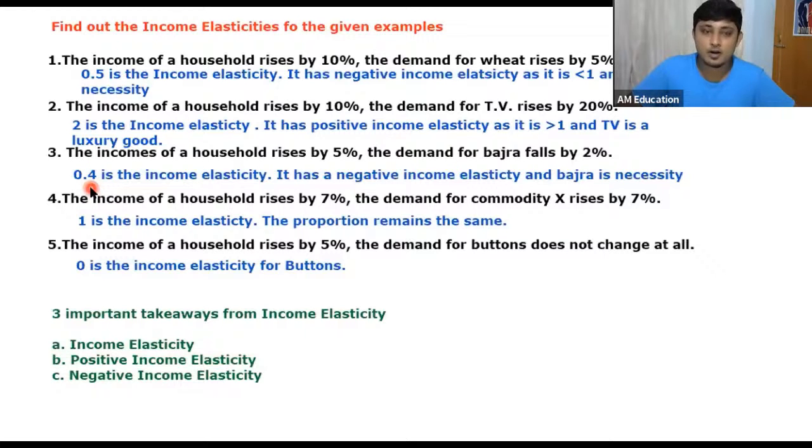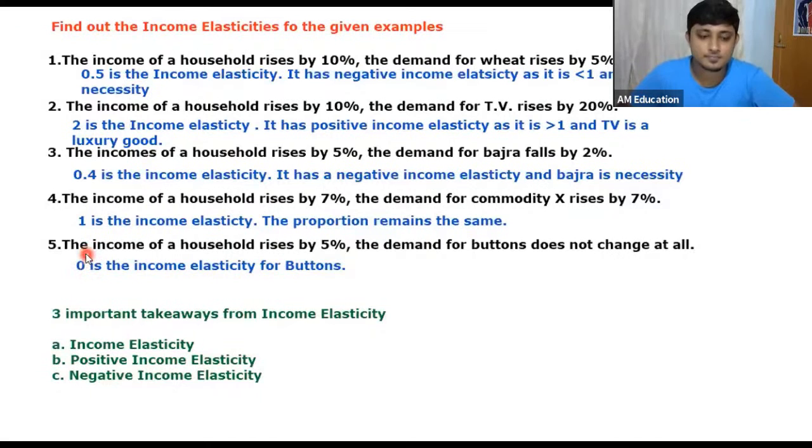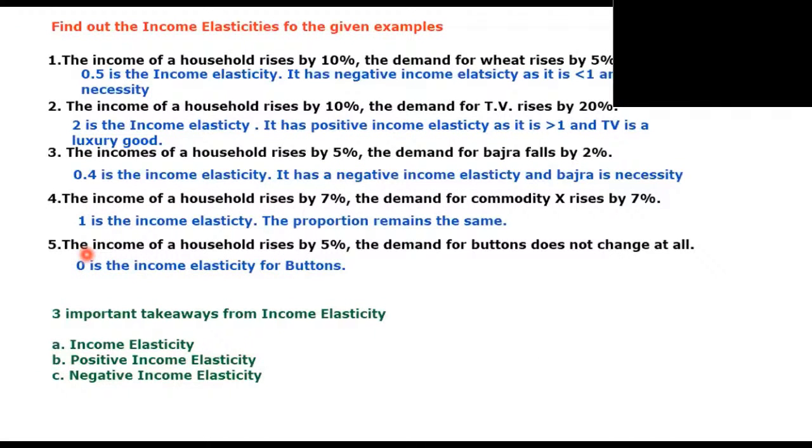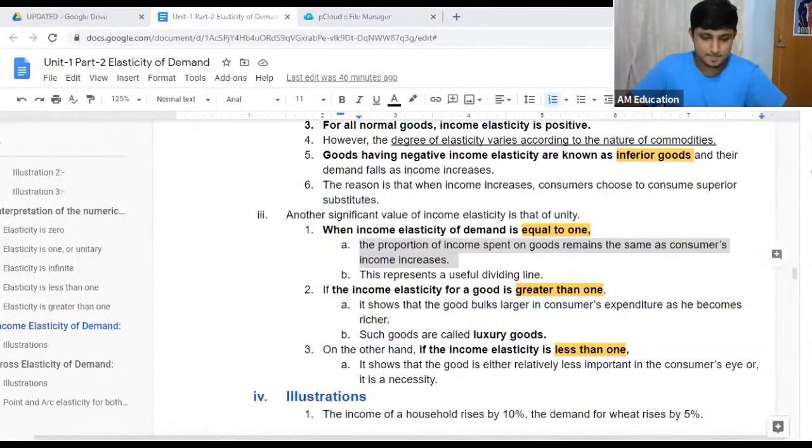When the answer is 0.4, inelastic. When the answer is 1, unitary elastic, and when the answer is 0, perfectly inelastic. Lovely. Okay. So this is the income elasticity concept, and let's see if we have anything else.